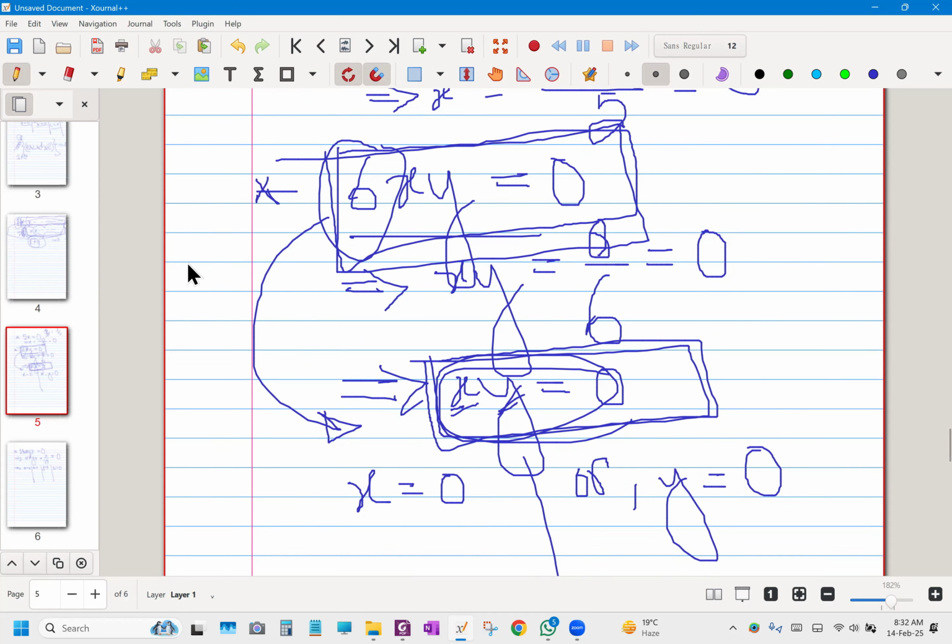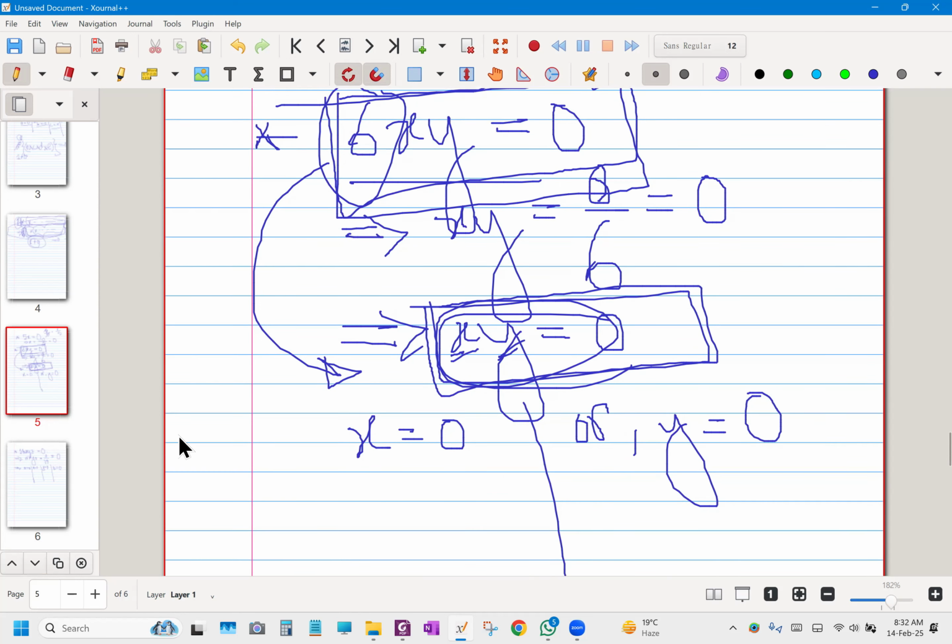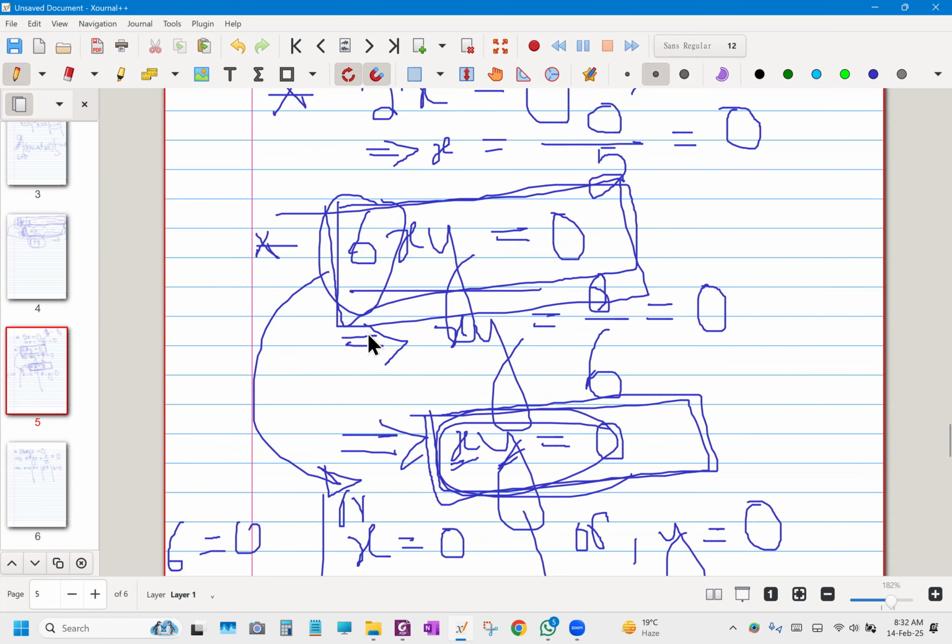You cannot just write 6 equals 0 or x equals 0. That's not the way. If you don't want to use this problem solving procedure, then consider that 6 is a factor and xy is also a factor.